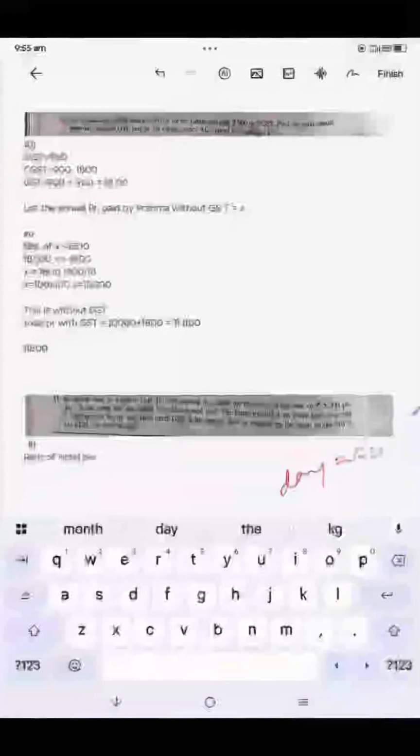So, how do we do it? This is question number 11. See, rent of the hotel per day is how much? 5,000 rupees.